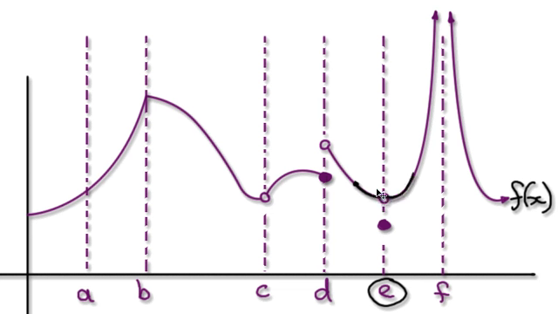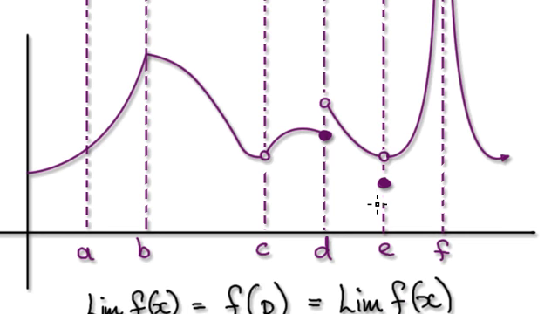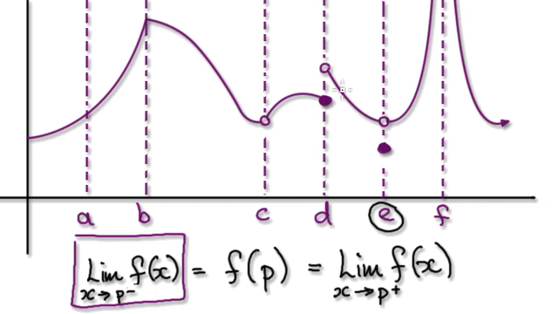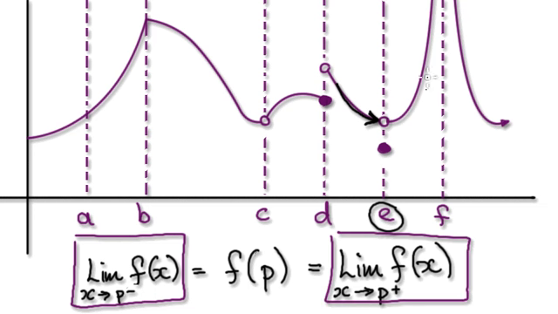So if you look at this point E here, this is not continuous, and in order for a point to be continuous, you've got to take this into account. If you take the limit from the left hand side, meaning looking at the point E, if you approach it from the left hand side, it's approaching this point here, and then you take a look at the limit as it approaches from the right hand side.